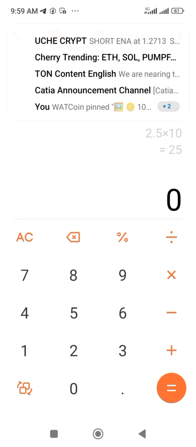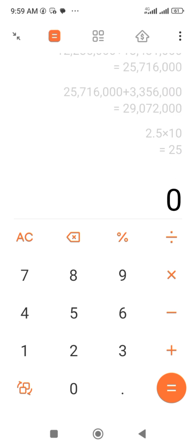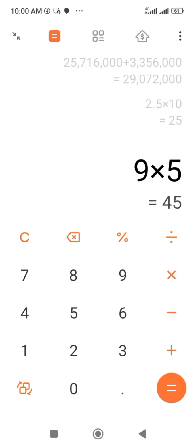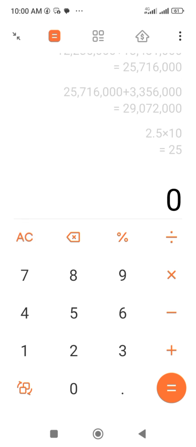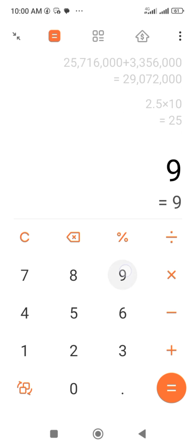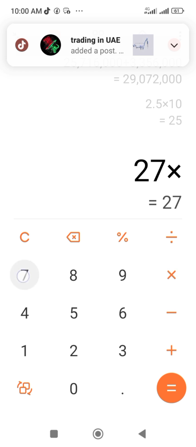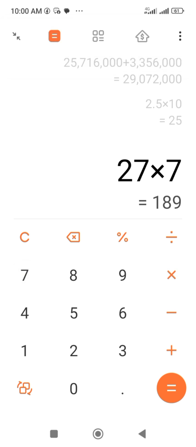Let's go to our calculator and see how much we will make if we try this like 5 times. Let's say 9 times 5, you make $45. Or let me say you try this like 3 times. 9 times 3, 27. Then if you try this 27 times, let me say in a week you make approximately $189, which is actually something.